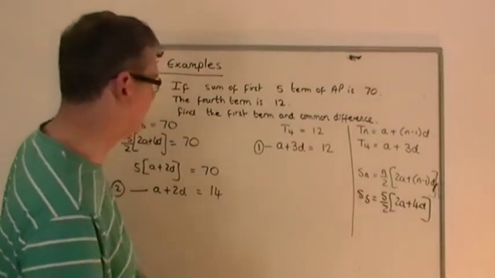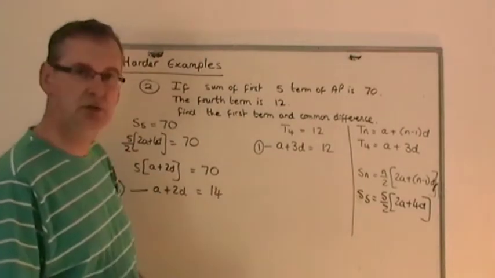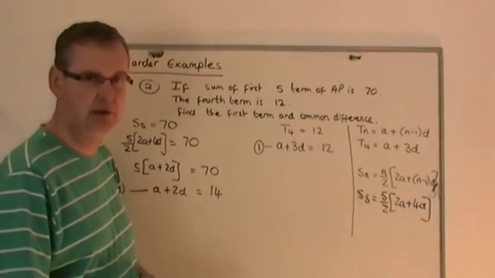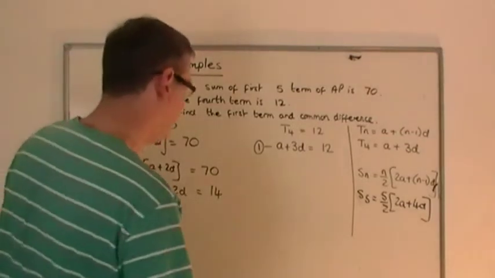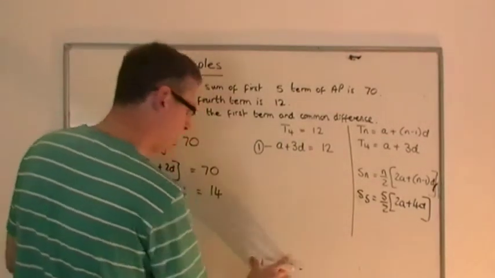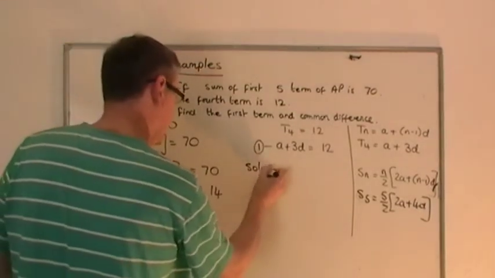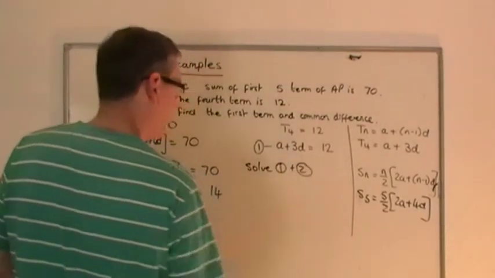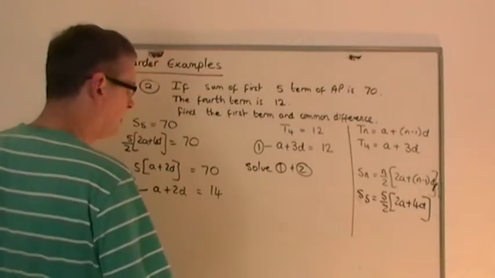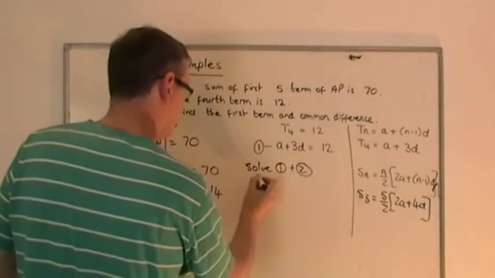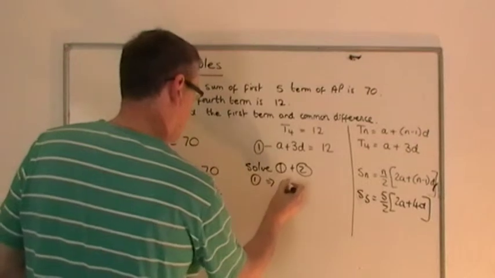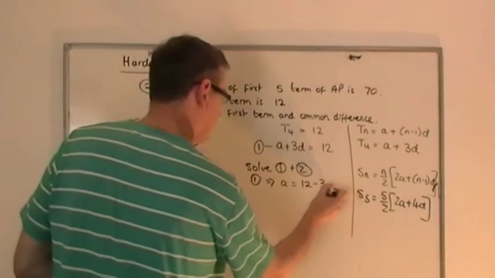a plus 2d is 14, a plus 3d equals 12. We've got two very simple equations which we can solve simultaneously. So easy, and in fact I can probably just do it here without rubbing anything out. So I'm going to solve equations 1 and 2 by substitution. Number 1 gives us that a is equal to 12 take away 3d.